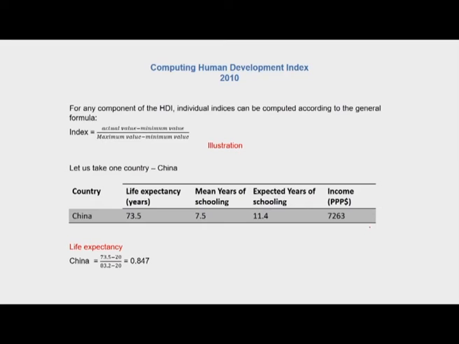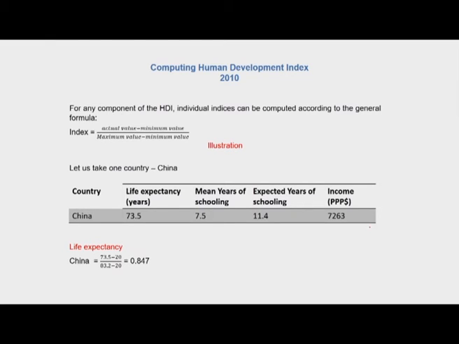So in that sense, it is inconclusive. The methods of computation of HDI itself are also inconclusive, although the dimensions continue to remain the same, and there is a lot of consensus with regard to the use of dimensions, but not much consensus with regard to the use of indicators, which is why there is a lot of change in the indicators used over the years.